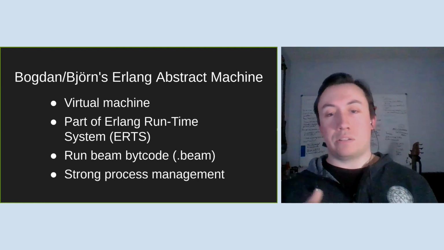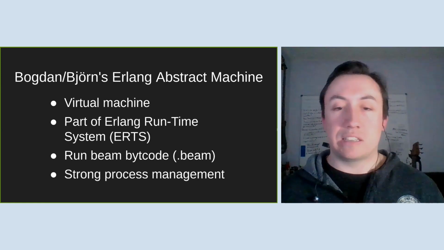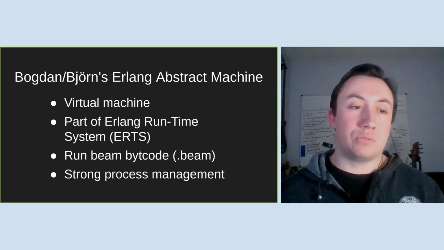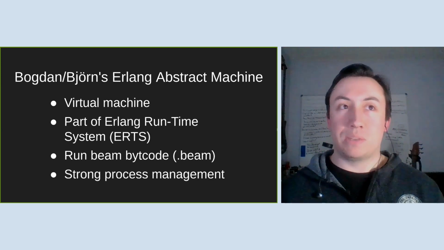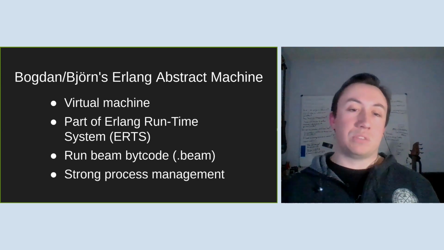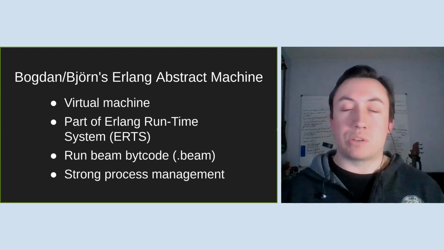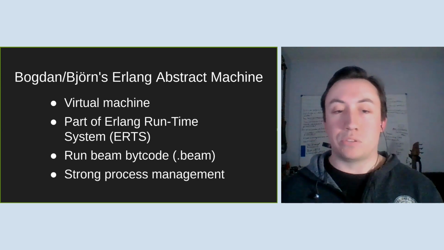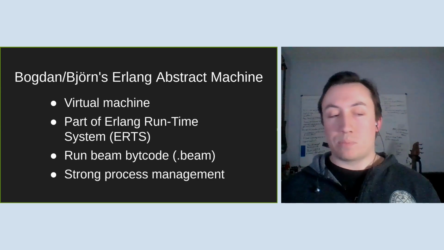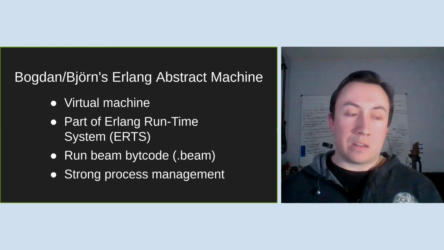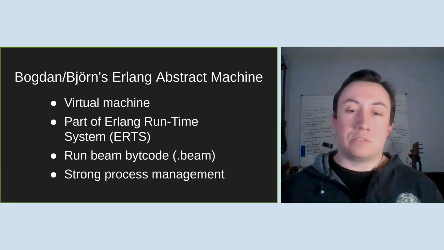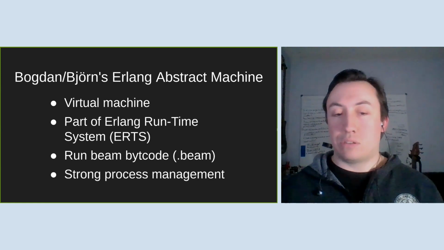It is part of the Erlang runtime system, the ERTS, which I won't speak about today. I will just say that the other part of the ERTS is the compilation, and then the abstract machine, which runs the Beam bytecode. So the abstract machine doesn't understand Erlang or Elixir. It understands what's compiled from Erlang or Elixir to bytecode, and that's how it works.